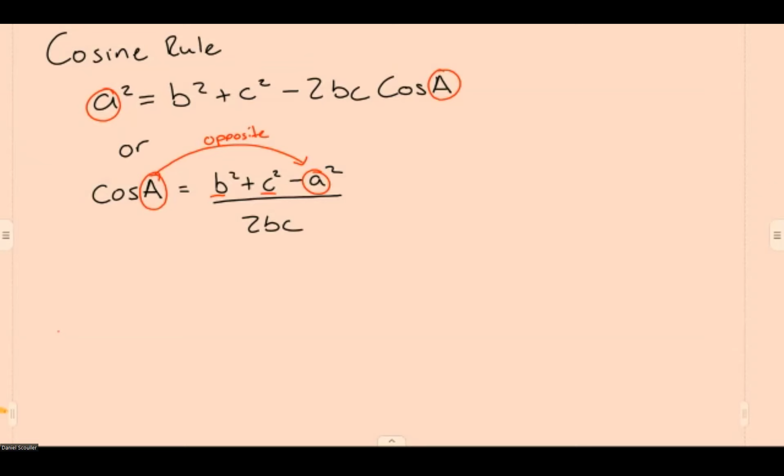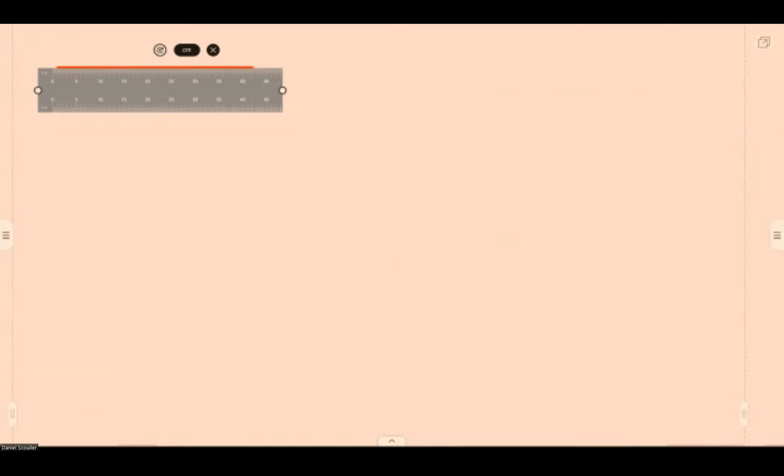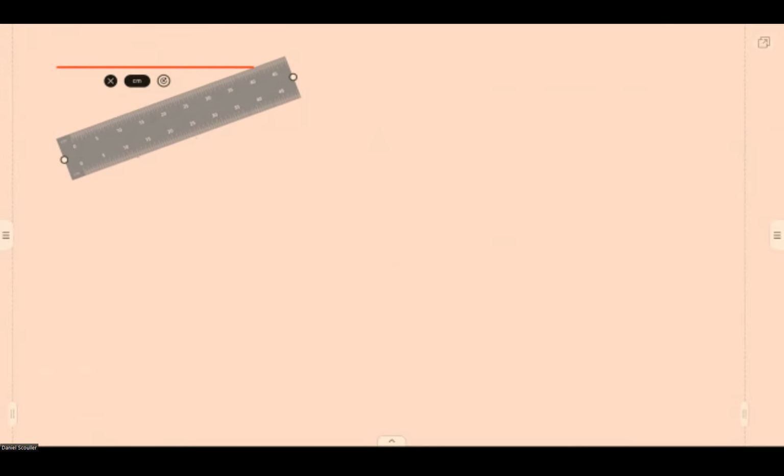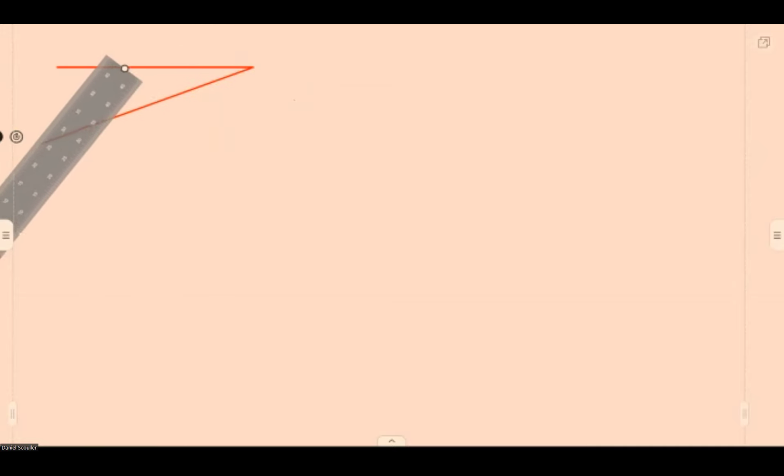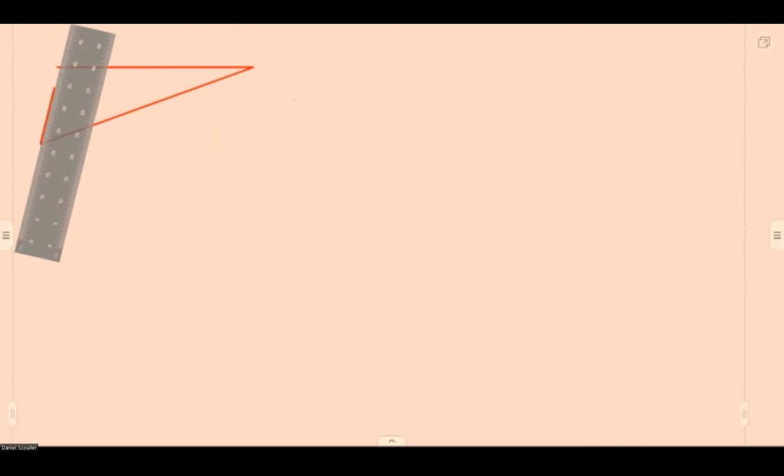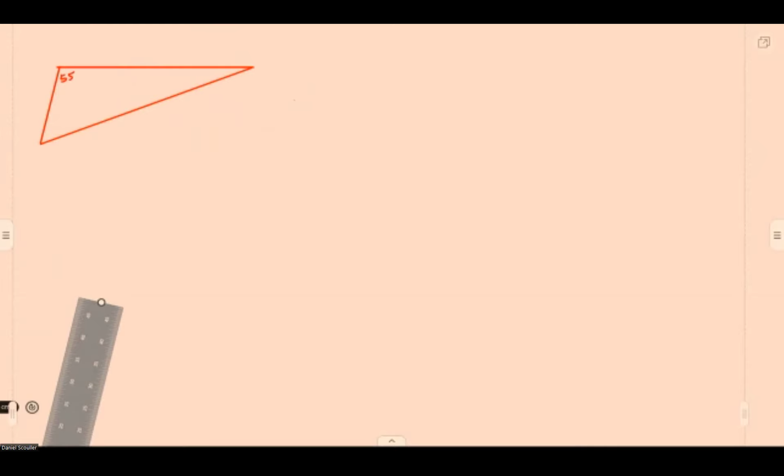So, cosine rule. Calculate the side. We've got an angle, we've got two sides, and we're wanting to find the missing side x.